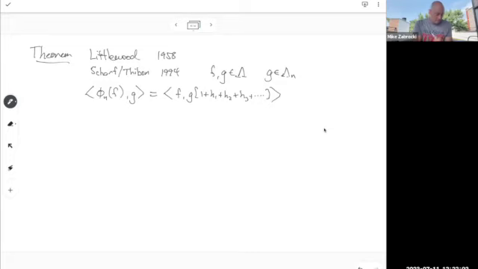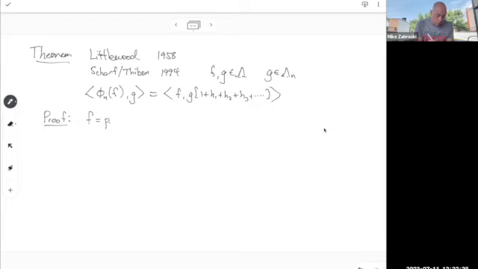Now, this object on the right is infinite, but if f is a symmetric function of a finite degree, it's going to be a finite number, and you can take the scalar product and it works out. I'm not going to give the full proof. I just want to give an outline.